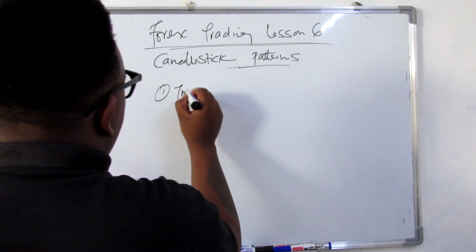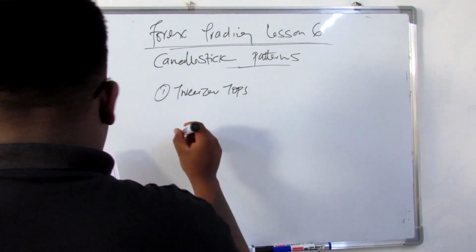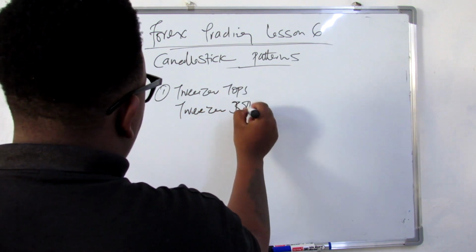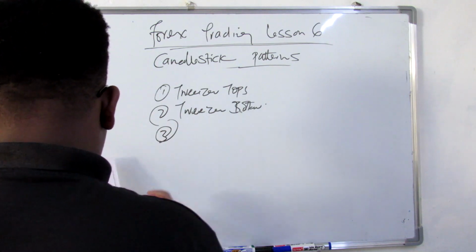One, we have the tweezer tops, and we also have the tweezer bottom. These ones are not that popular, but you can also check them out during your free time.